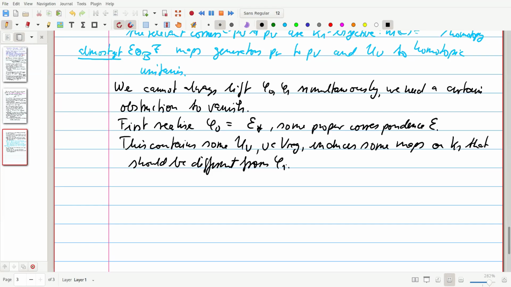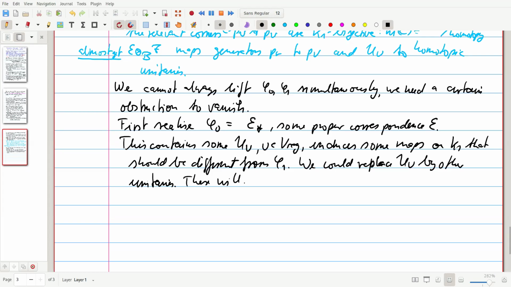Now we can change, however, our correspondence. We could replace the UVs by other unitaries. We have picked some unitaries to make this correspondence E, but we could well have picked other unitaries.